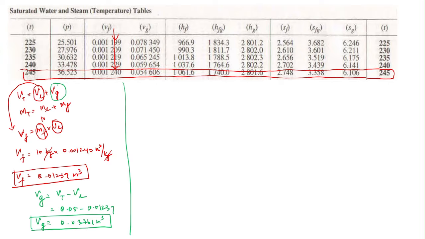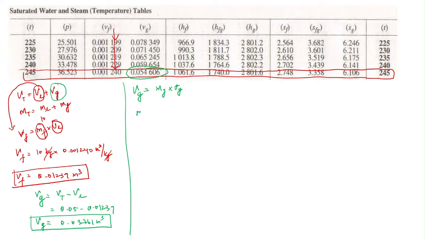Okay, here again from the Vg you can find that Vg is equal to mass of g into specific volume of g. Here Vg you already found, then specific volume of g you can take from the steam table.